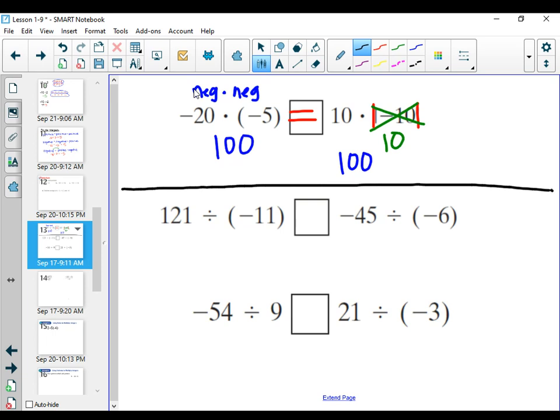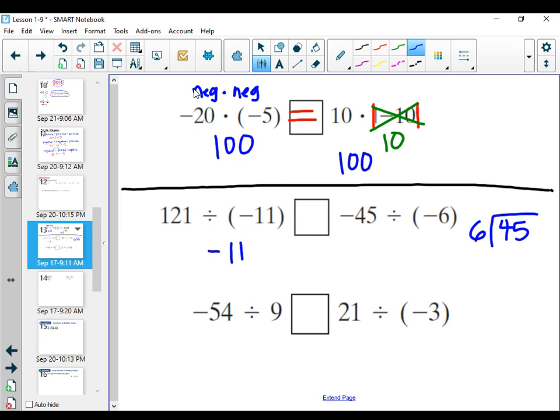Second one. 121 divided by negative 11. A positive divided by a negative is a negative. On the right, a negative divided by a negative is a positive. Ooh, I don't know how many 6s fit into 45. Six times 8 is 48.